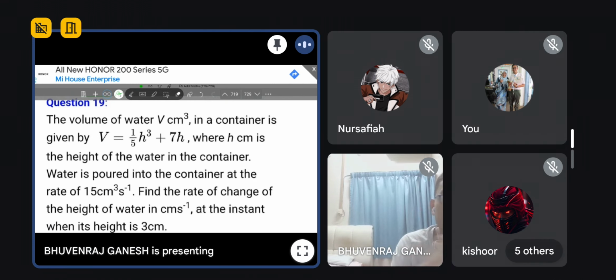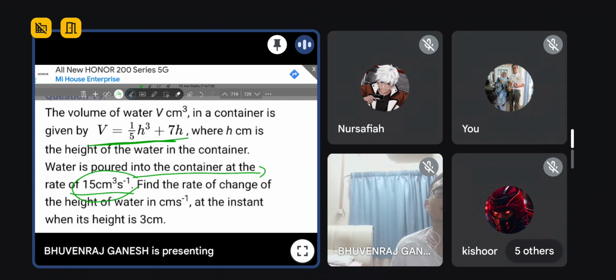Okay, so let's say you got volume, isi padu, this equation, persamaan ni. Then they give you this info. Guys, can you tell me what is the symbol for this?